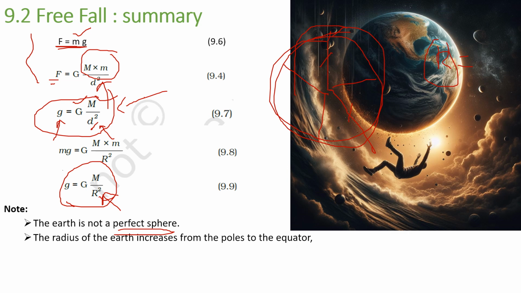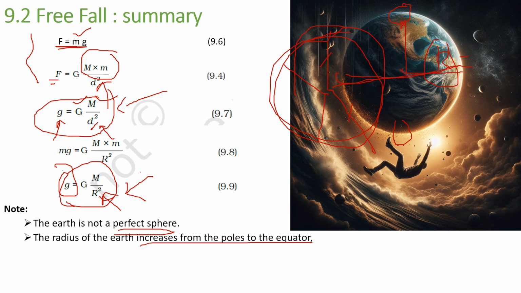The radius of the Earth increases from the poles to the equator. From this point to this point, the radius here at the equator is more compared to the radius of the Earth in the polar regions. So when the radius is changing, naturally the value changes.